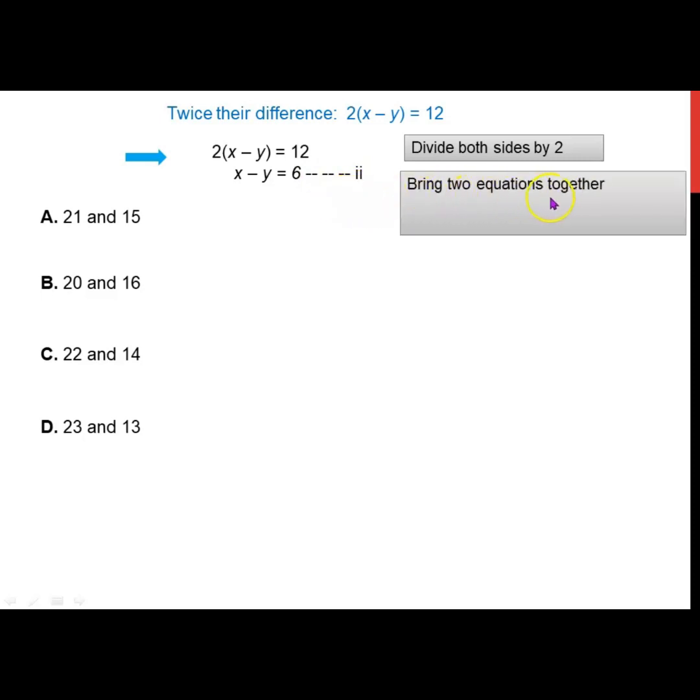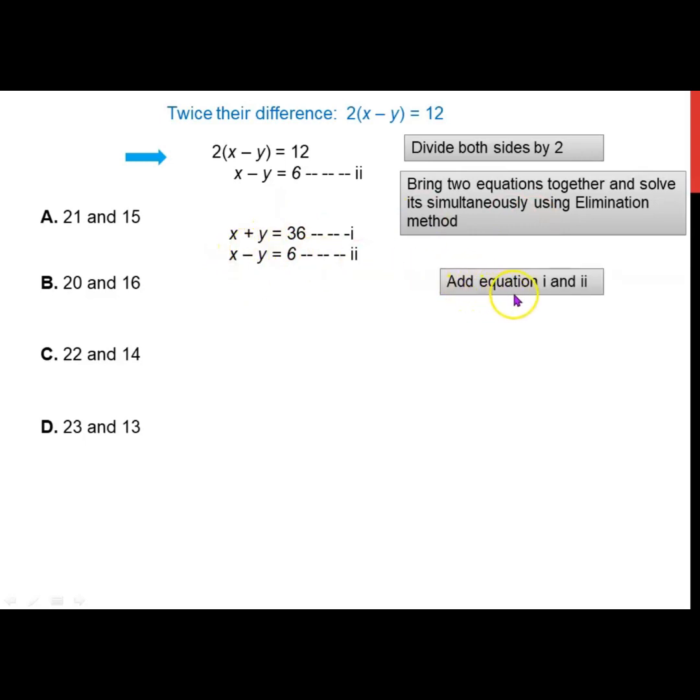Now, we can bring the two equations together and solve them simultaneously using the elimination method. By applying the elimination method, we have equation 1 and equation 2.